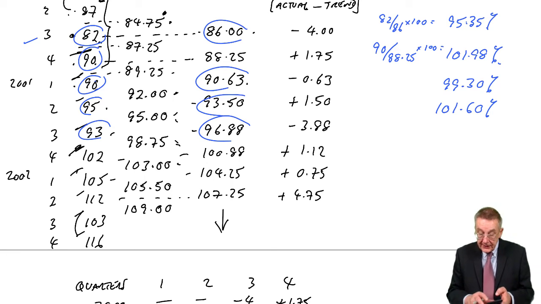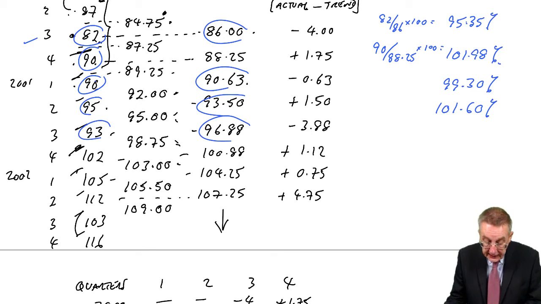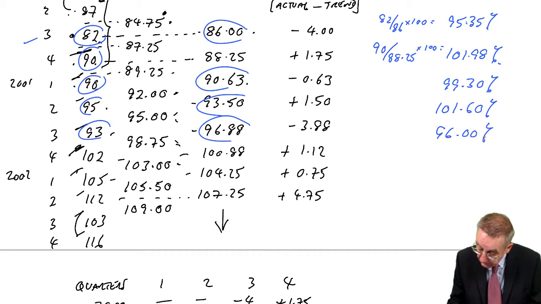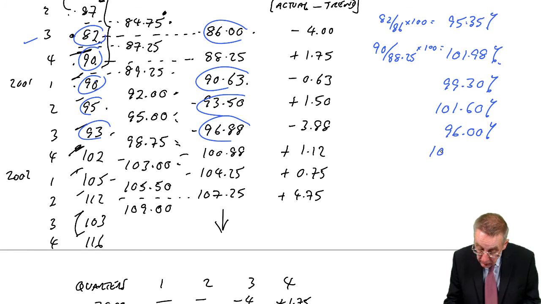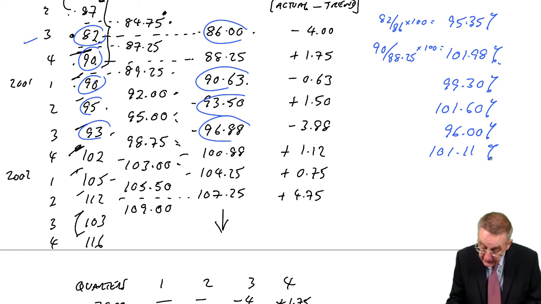93 on 96.88 is 95.99, so 96%. 102 on 100.88 is 101.11%.